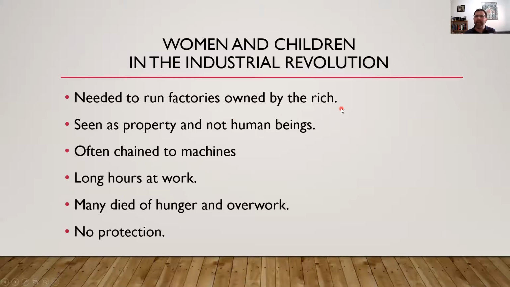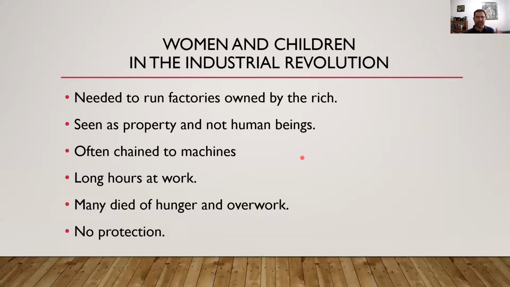They were basically white slaves, poor white slaves. And women and children during this period were seen as property and not human beings. And quite often, poor parents would sell their children to rich factory owners because they needed the money to live.